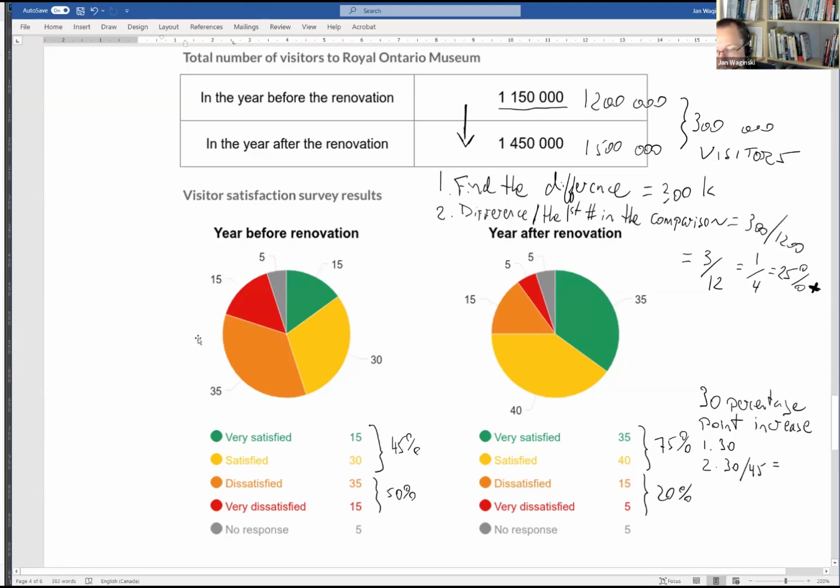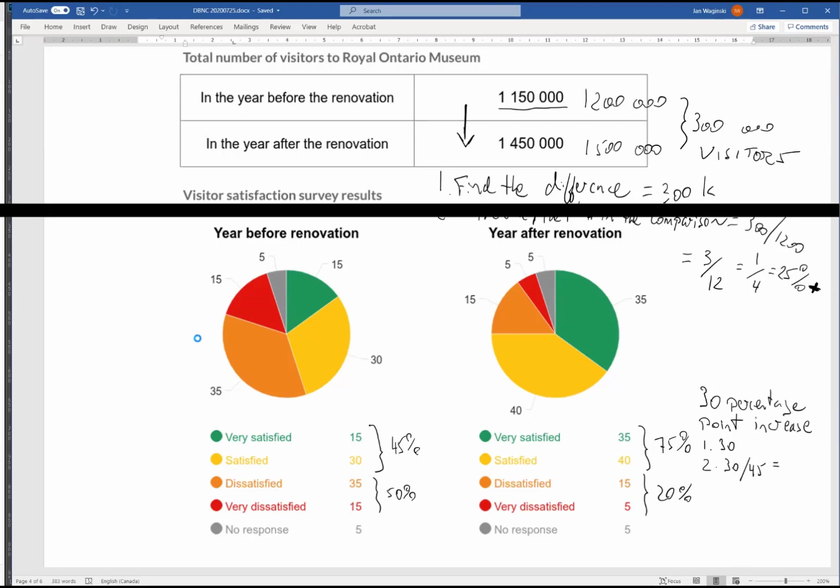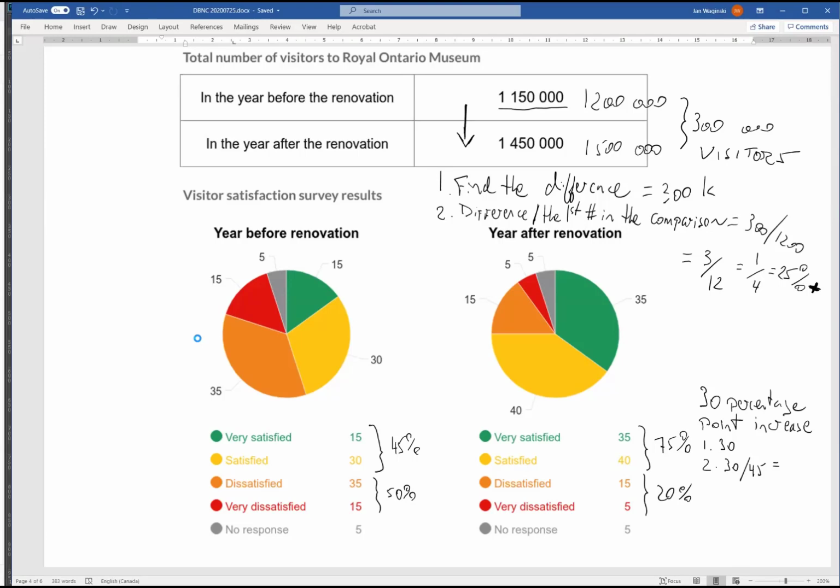So how would you reduce 30 over 45? Or what is that approximately? Like if you just round 45 to 50, then what do you end up with? 3 over 5. Which is 60%.